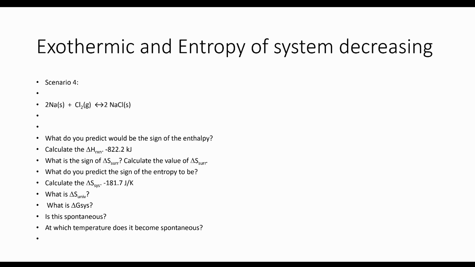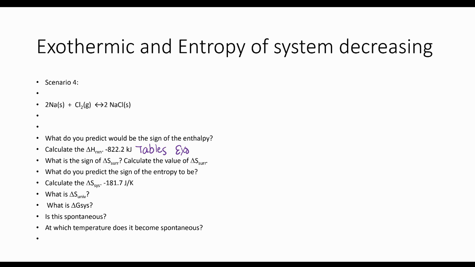Okay, so what do you predict would be the sign of the enthalpy? Not sure. Turned out by using thermodynamic tables, again, it is exothermic. Pretty large value too, very exothermic.